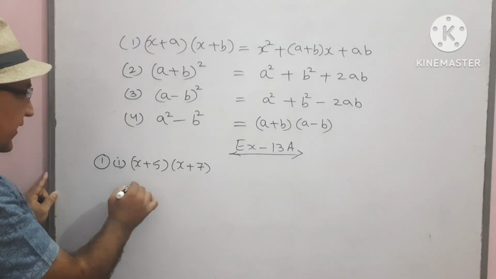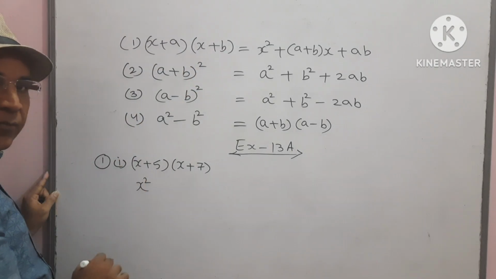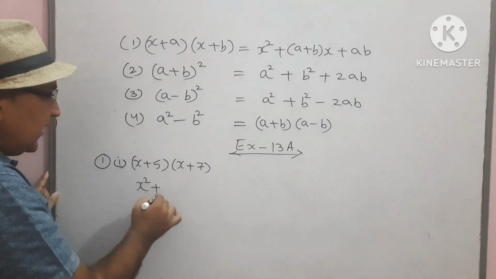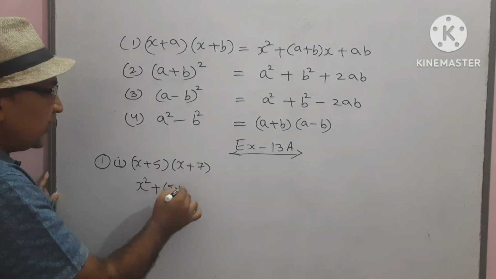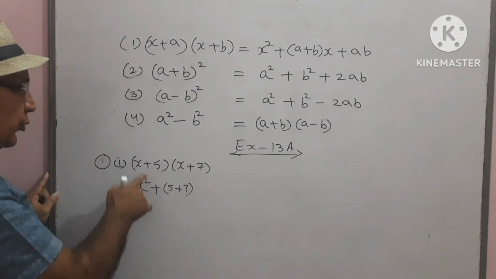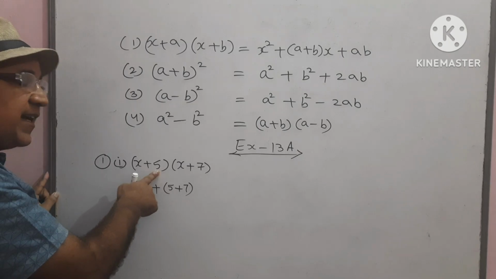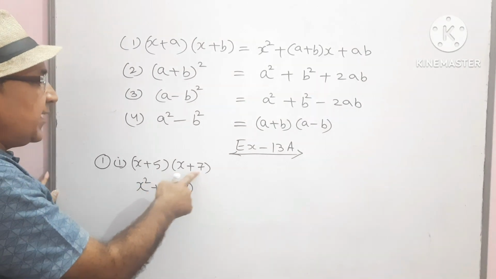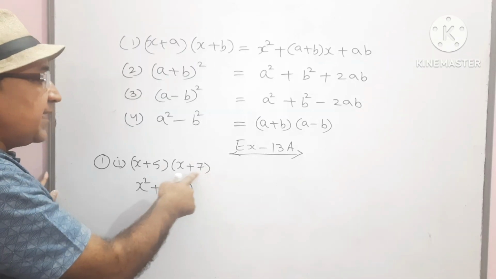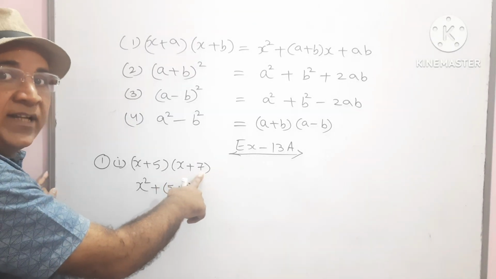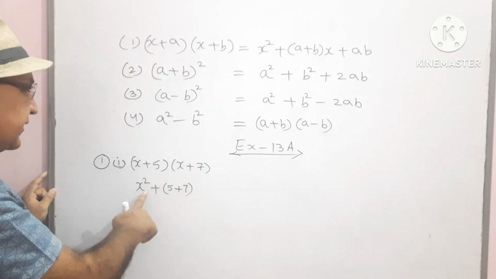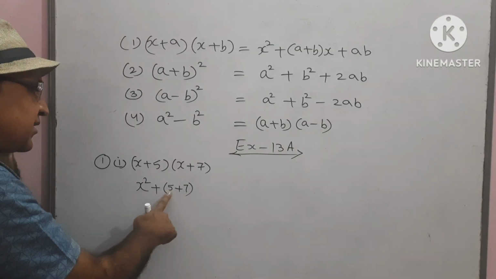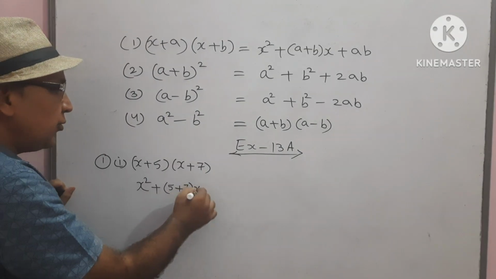So what is the identity? Square of the first term plus sum of the different terms. You can see that in x plus a, at the place of a there is 5. In x plus 7, x plus b, at the place of b there is 7. So the identity is x² + (a + b)x.